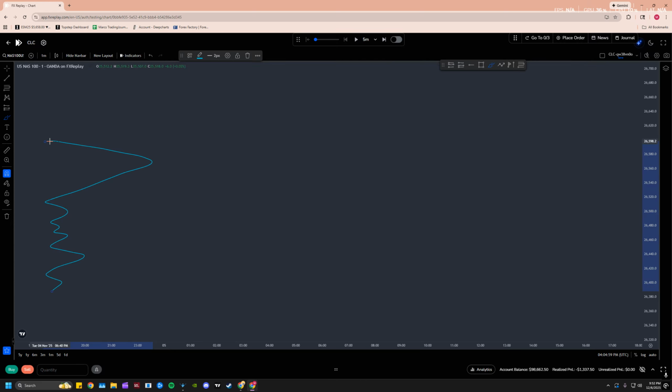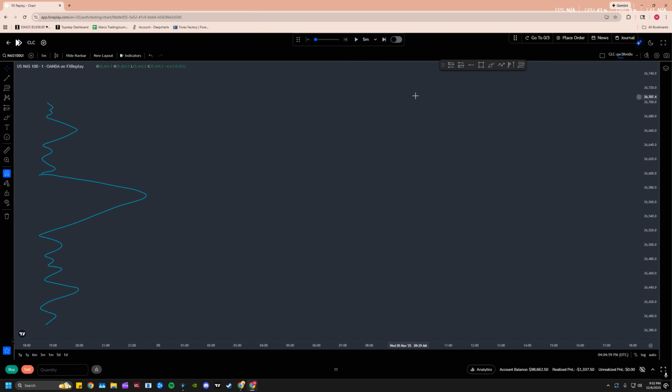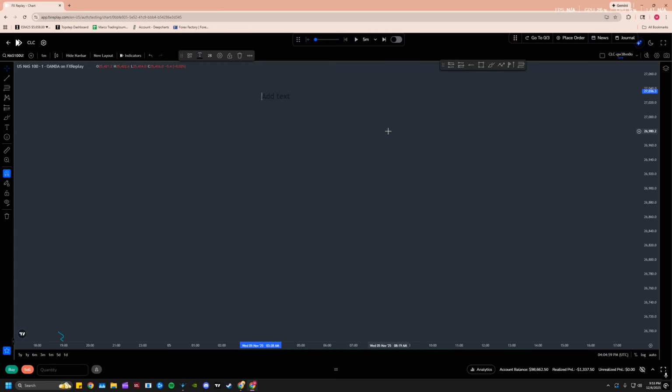But let's do this. All right. So on the left hand side, we have a volume profile, right? So pretty much a volume profile, for those of you guys who don't understand it, you can literally look it up. It's pretty simple.